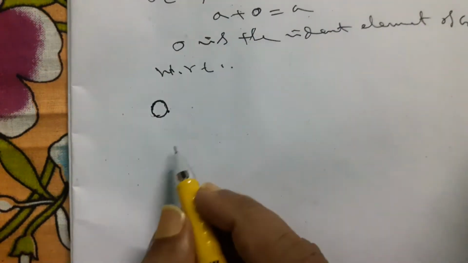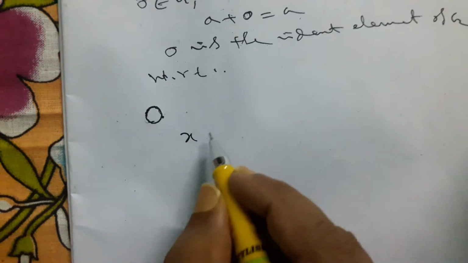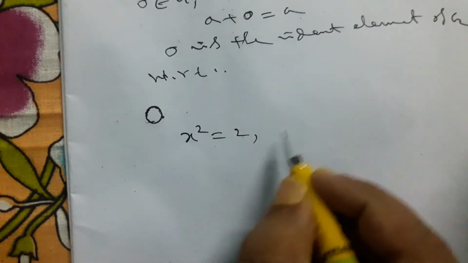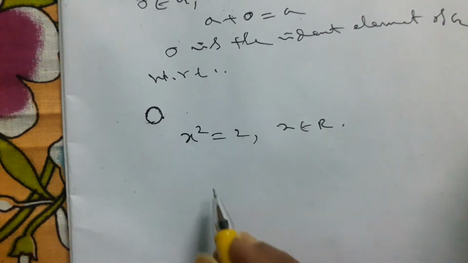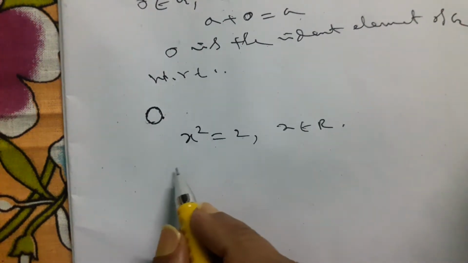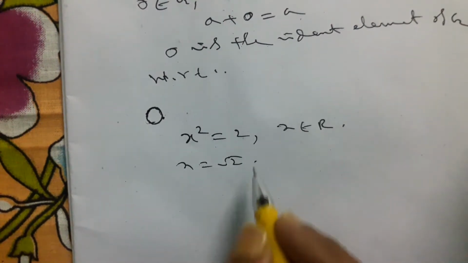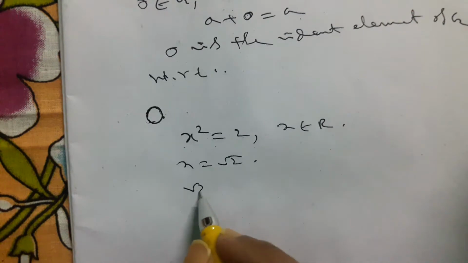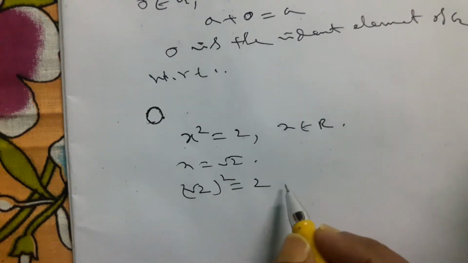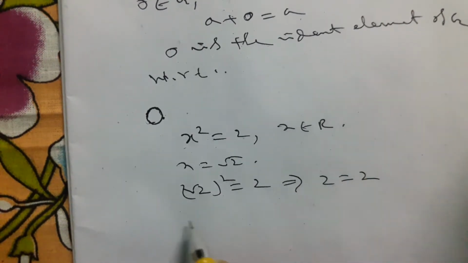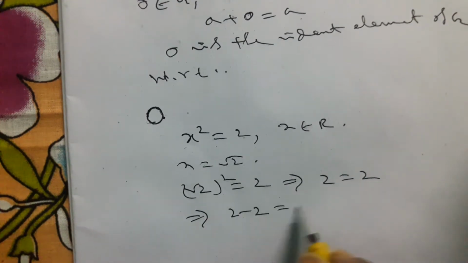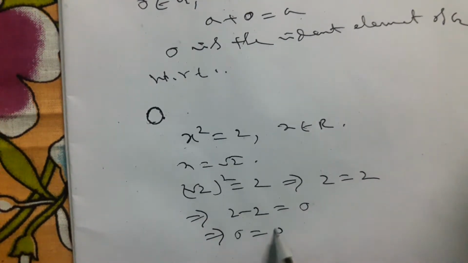If we consider any equation like x square equals 2, x being a real number, then we consider x equals root 2, and then root 2 whole square equals 2, that means 2 equals 2, that means 2 minus 2 equals 0, that means 0 equals 0.